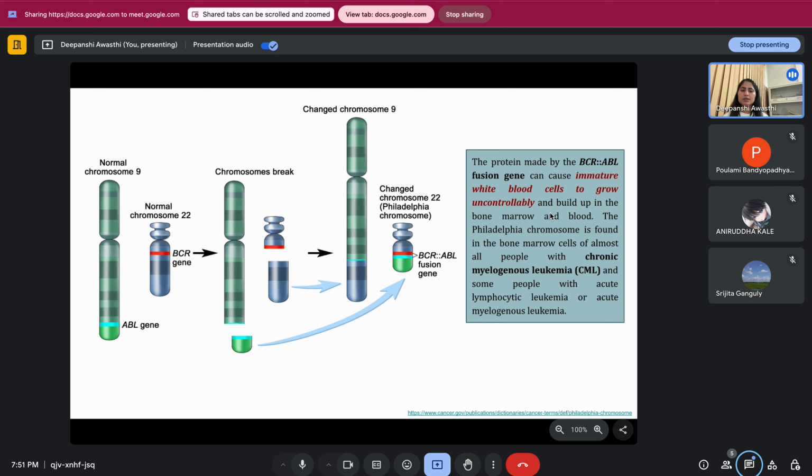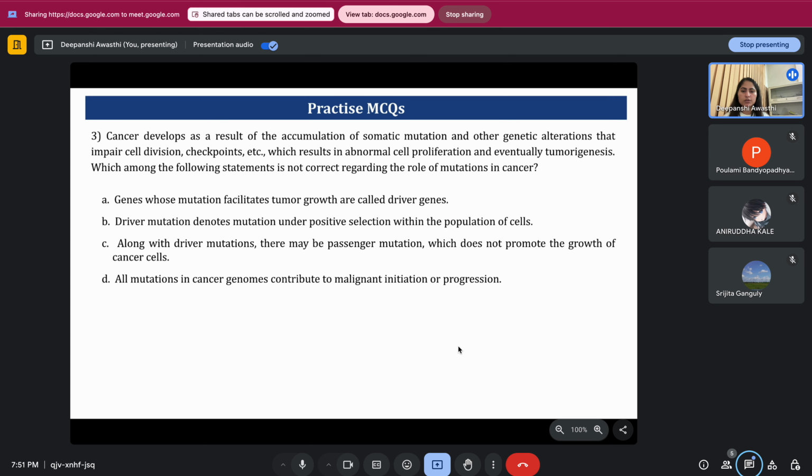Whenever immature WBCs grow, they build up in the bone marrow and blood, and in that way it leads to CML. They have also mentioned that some people with acute lymphocytic leukemia or acute myelogenous leukemia can also show this particular signature, but mostly it is associated with chronic myelogenous leukemia. So this was the first signature which was found.